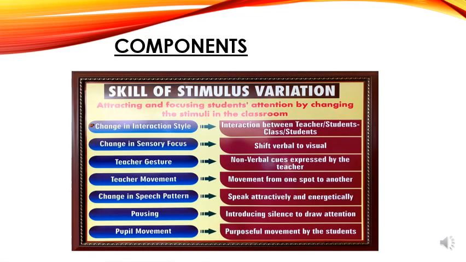Next we will see the components of the skill of stimulus variation. The first component is change in interaction style. There will be an interaction in the classroom among the teacher and the student. For example, teacher to the student, teacher to the whole class, teacher to a small group, student to the student, and student to the whole class.